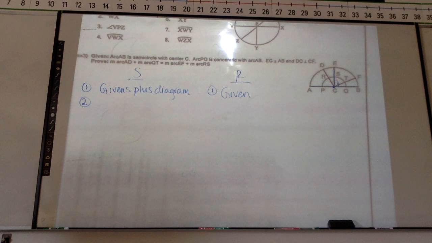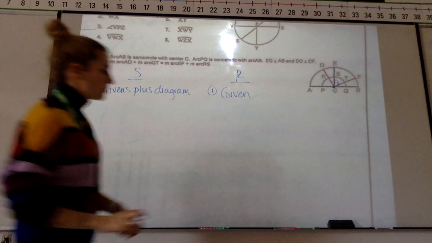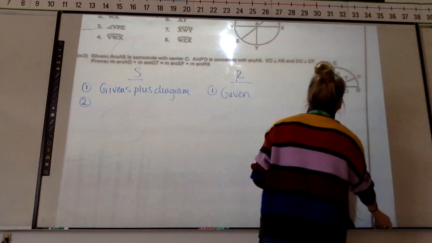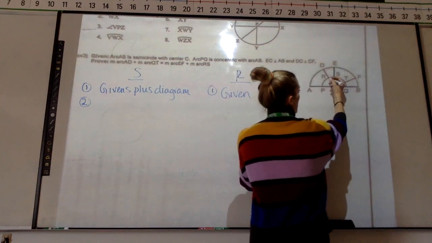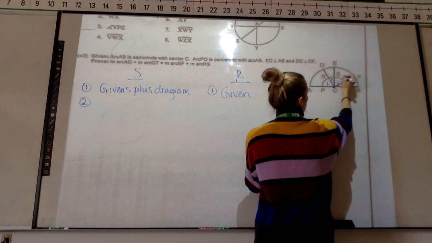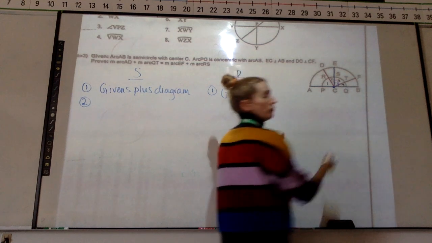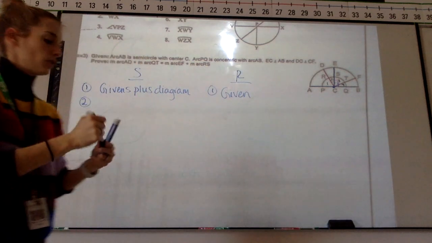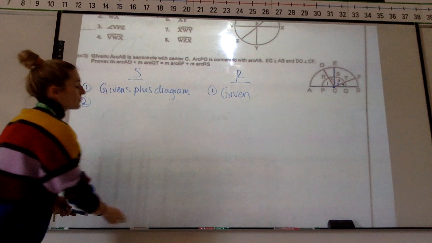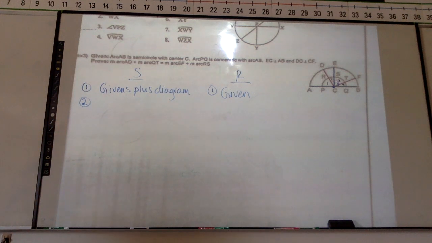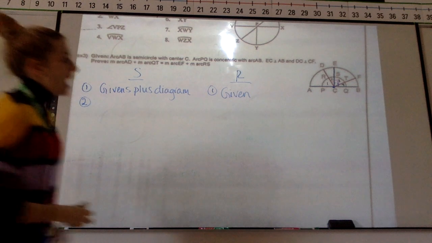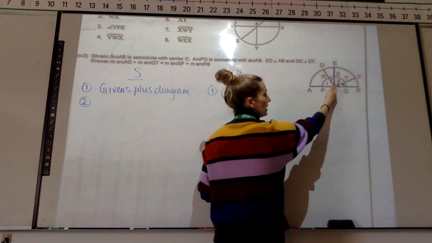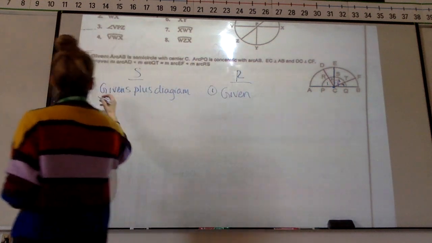So let's throw some numbers up here just so we have a common point of reference for which angles we're talking about. I'm going to call this angle 1, angle 2, angle 3, and angle 4. So I got 4 angles across that semicircle. So what do I know? I now know angle 1 plus angle 2, that's a 90-degree angle.